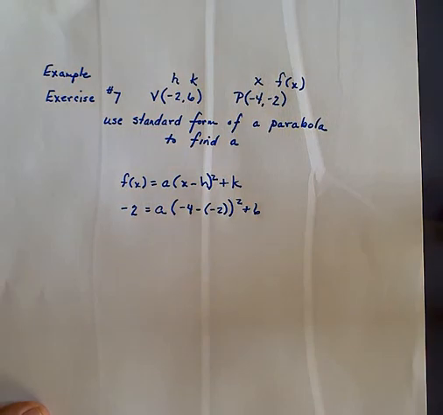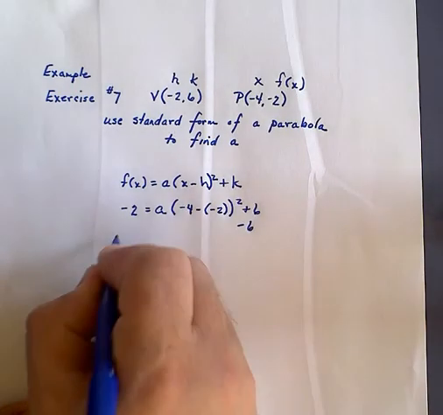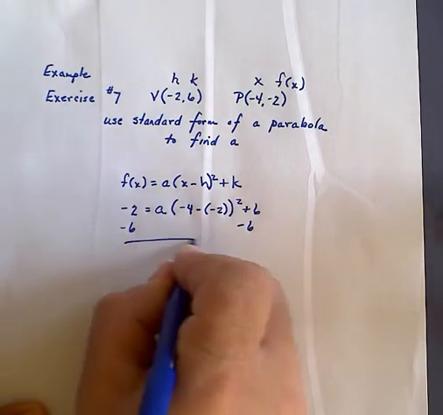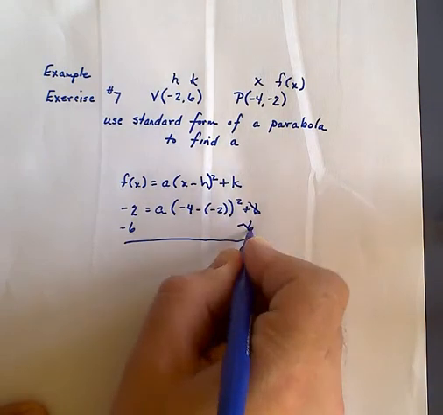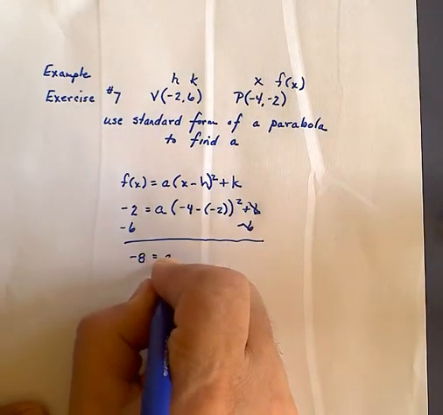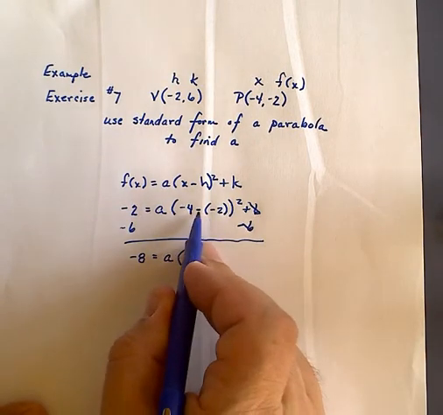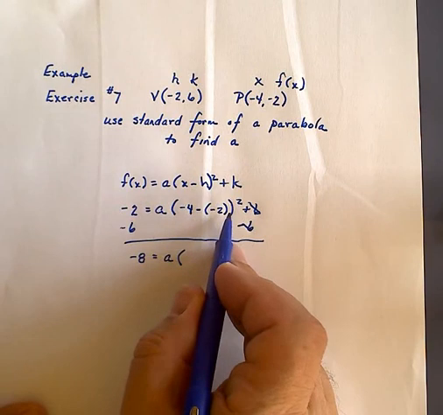So, solving this equation for a, the first thing, move the 6 over. Those drop out. This becomes -8 equals a times, inside, the double negative before the 2 changes to a plus.